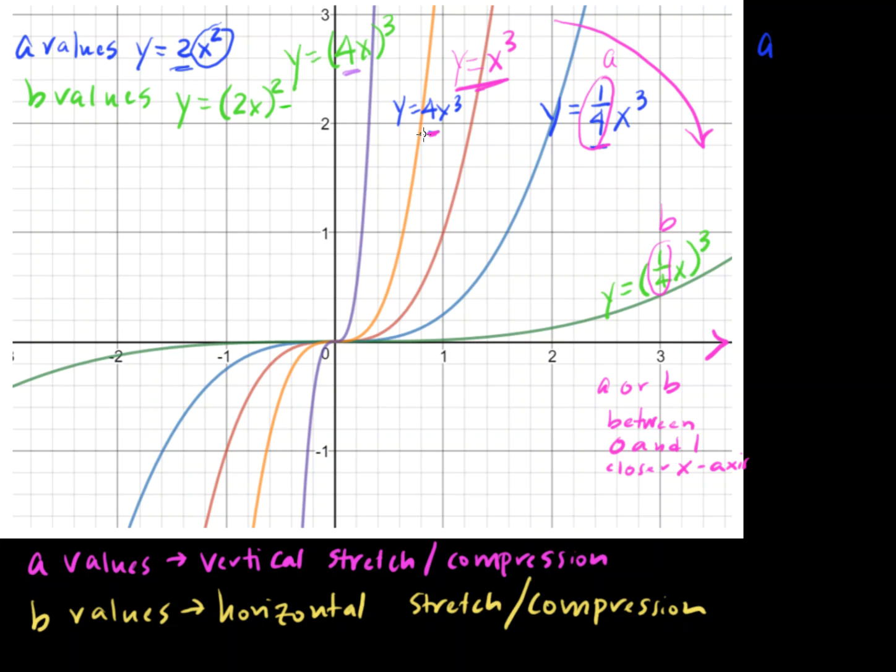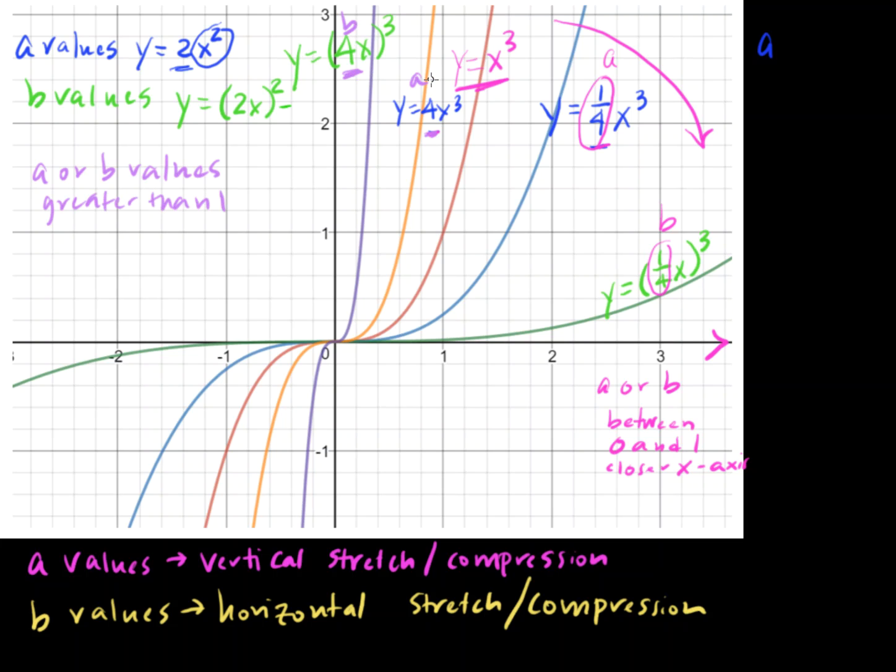Here we have a 4, and we have a or b values whose absolute values are greater than 1. I'm not talking about negatives here, okay? So if the absolute value of a or b is greater than 1, like you saw over here, that's a b value, and here we have an a value, those both are 4.